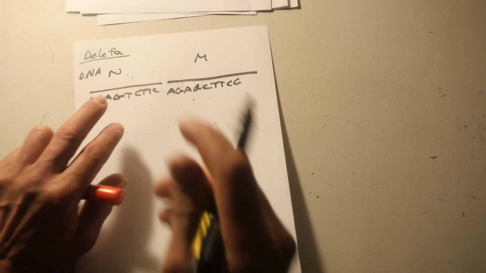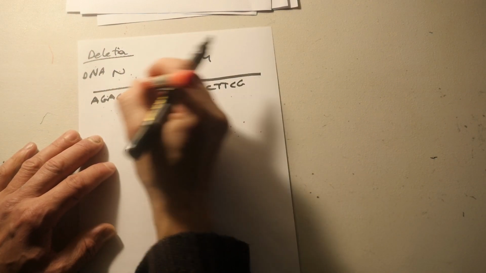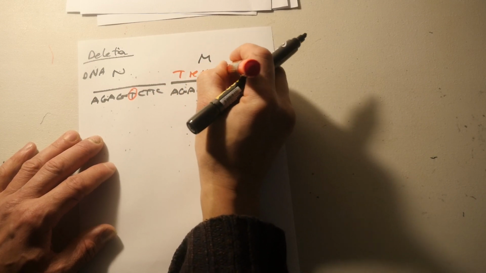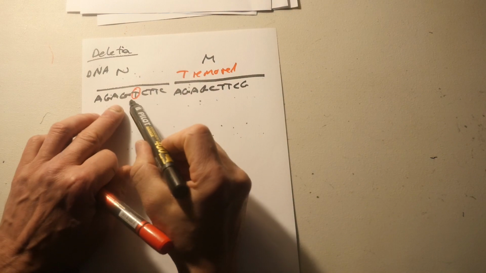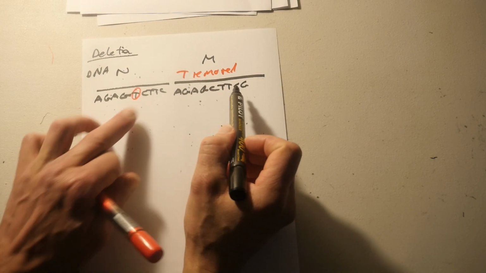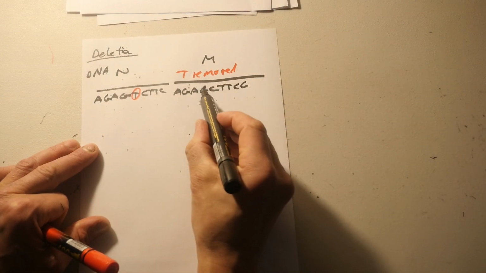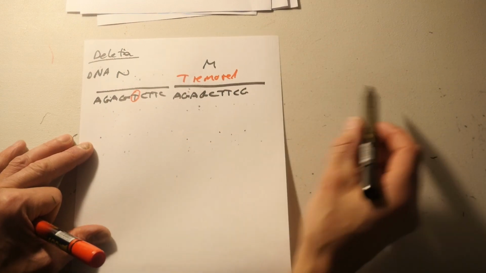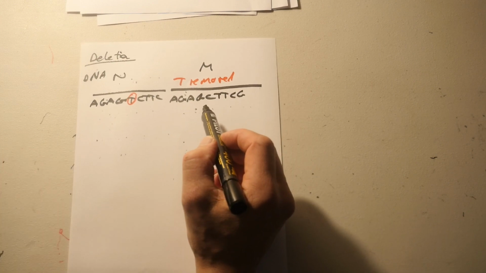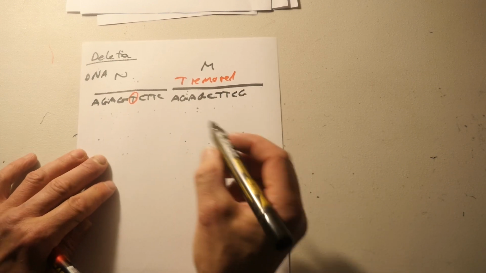Yeah, that T, in this case, is removed. Okay? So after G, you now get C, T, T, C. So this whole thing, all the bases, all the millions of bases would get shifted back one. So this is the frame shift again, and it messes everything up.